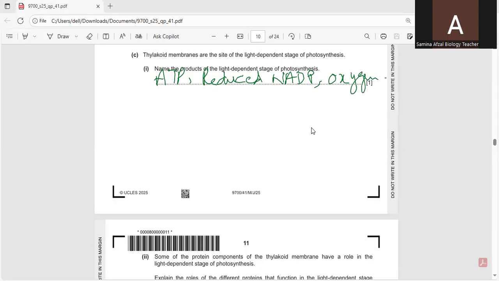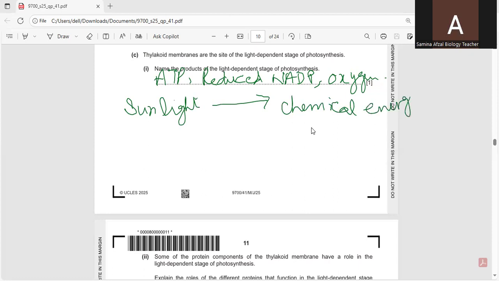So during this the capturing of sunlight takes place, and sunlight is converted into chemical energy. And during this, ATP, reduced NADP and oxygen are produced.